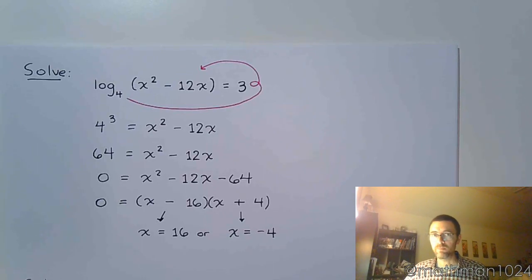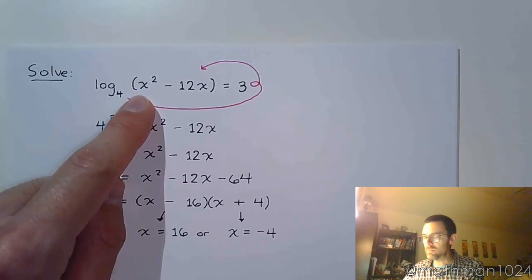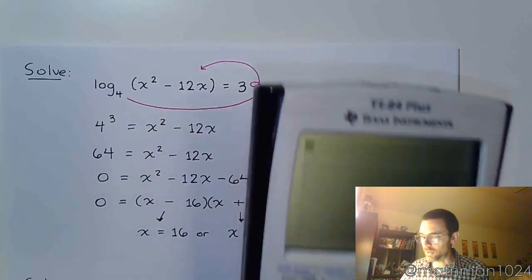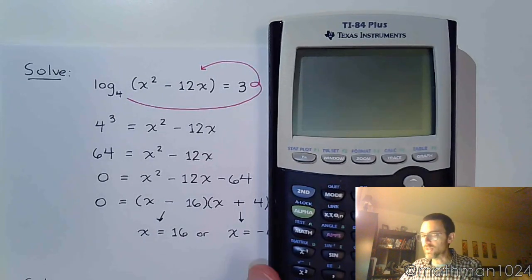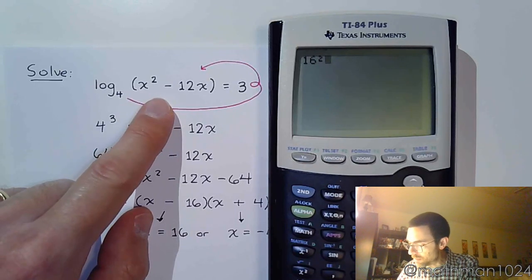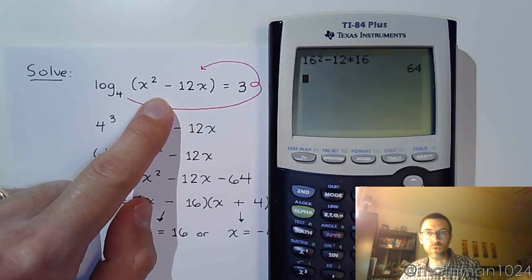Now before we go run off and tell our friends that we've got our solutions, take the time to check, right? There really shouldn't be any issues with either of these guys. Let's just make things a little bit easier for us. Don't tell anybody that I'm using a calculator here to help you guys. Let's plug in 16. If I do 16 squared minus 12 times 16, we get 64.